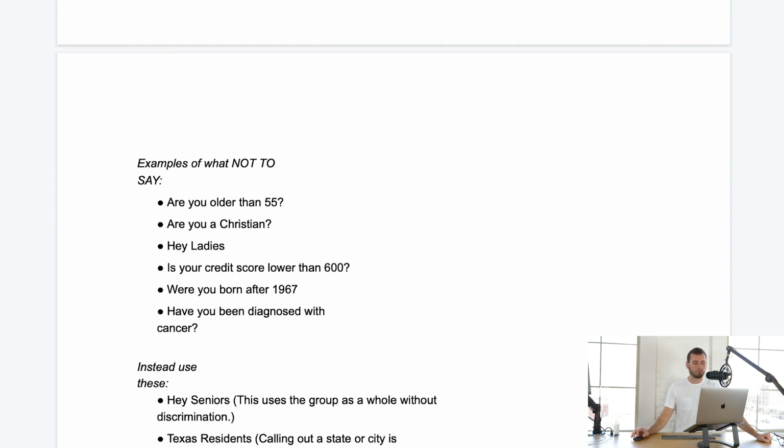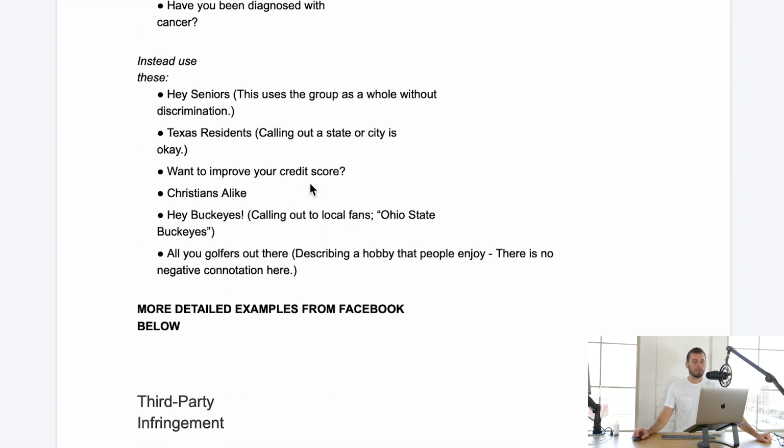Instead, what you can do is talk in general terms. And how do you do that? You could say Texas residents, or you could say want to improve your credit score, or people who like to improve their credit score can do this. Again, this is not saying, do you have a poor credit score? This is saying, if you would like to improve your credit score, a great way to do that is by doing this. The same thing goes for sports: golfers enjoy playing at this golf course.